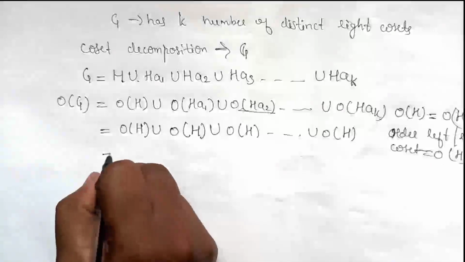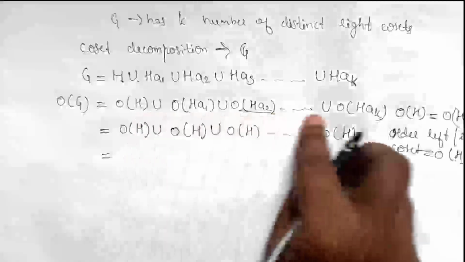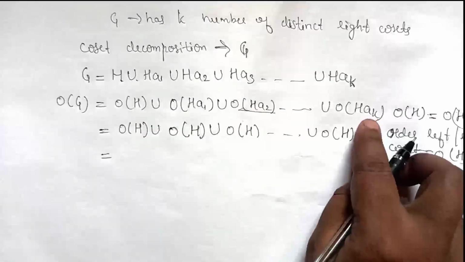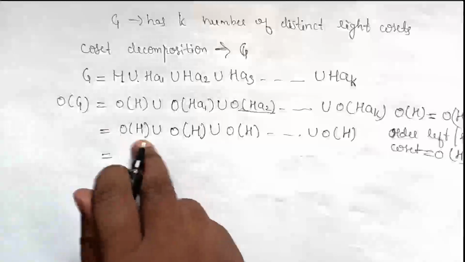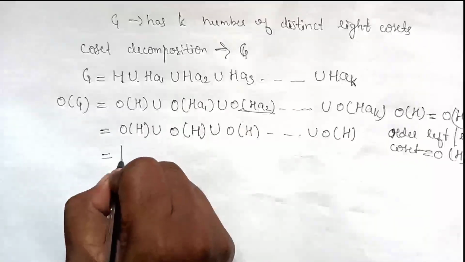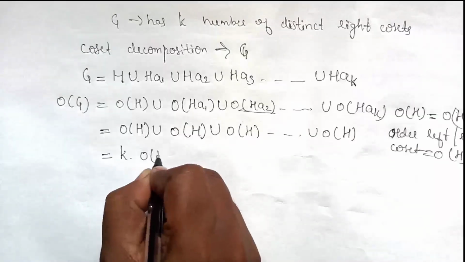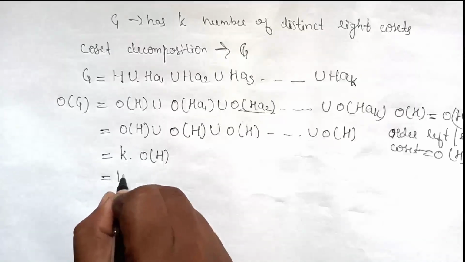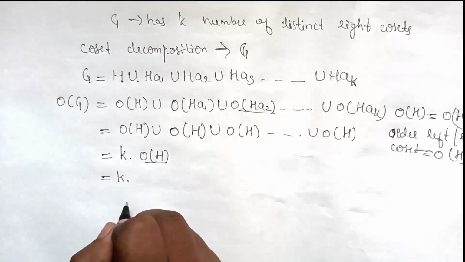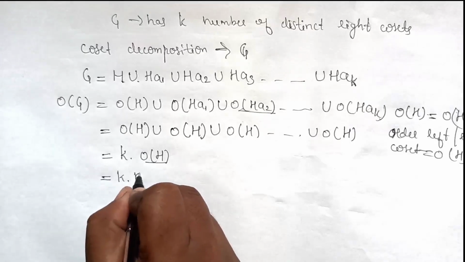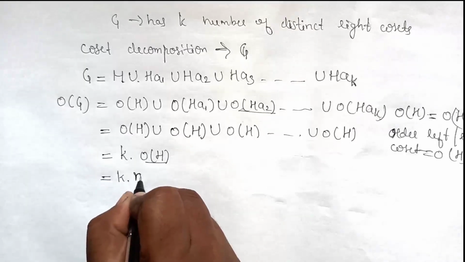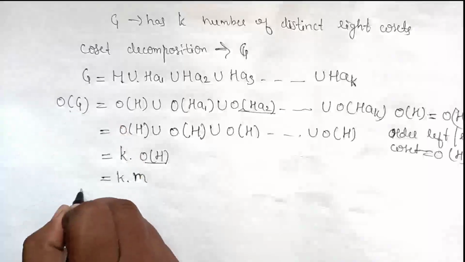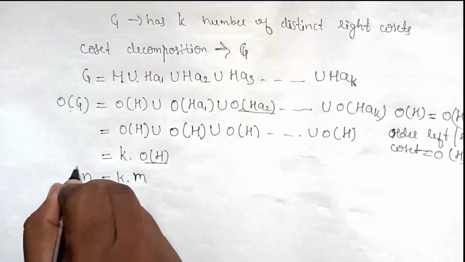So similarly order of H only. Because here we have a total of k right cosets, on adding all these we get k times order of H, or k times m, since order of H equals m and order of G equals n.